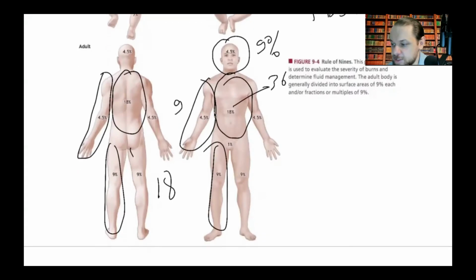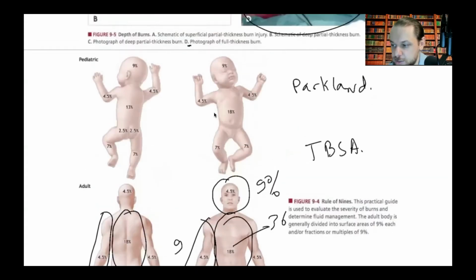Now, the distinction between adult and pediatric, the best way I can describe this for you is that you take area from the legs, right? You take from the legs and you put it to your head. And the reason why is that pediatric patients have bigger heads relative to their overall body, and their legs are smaller, right?